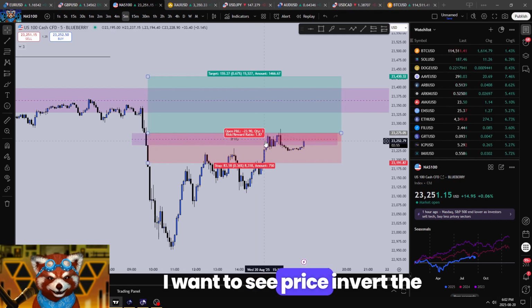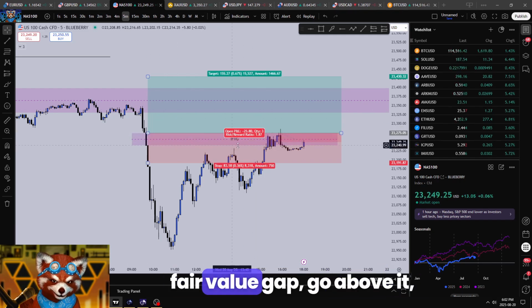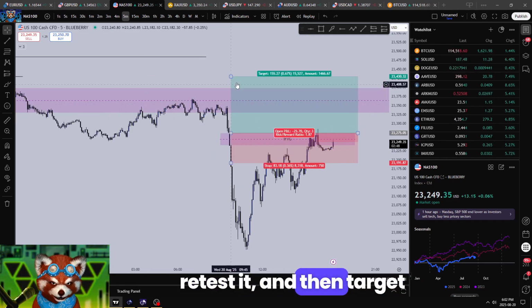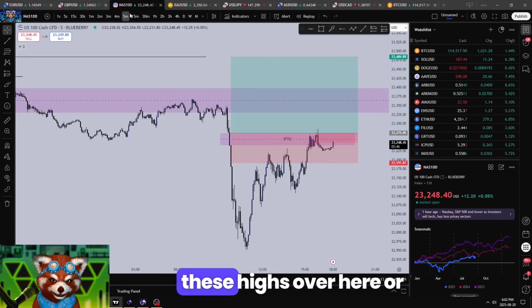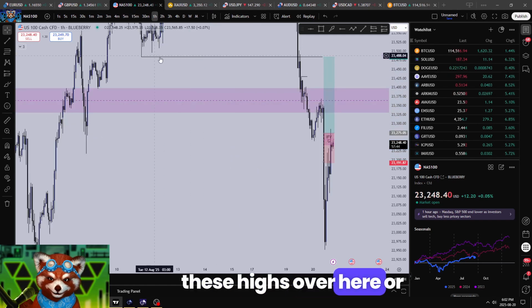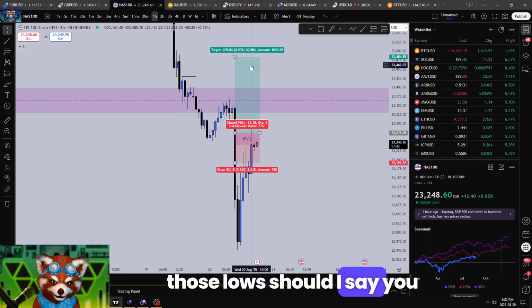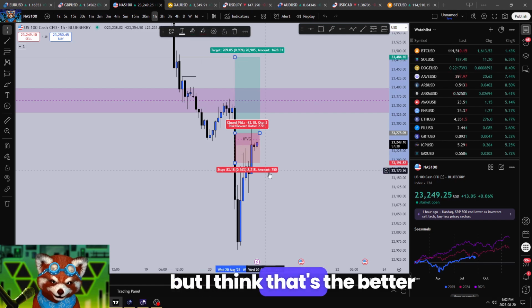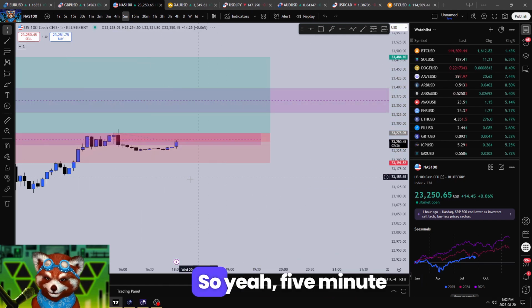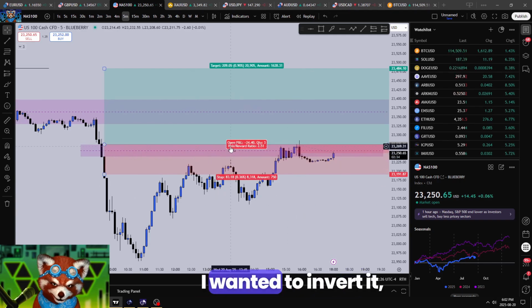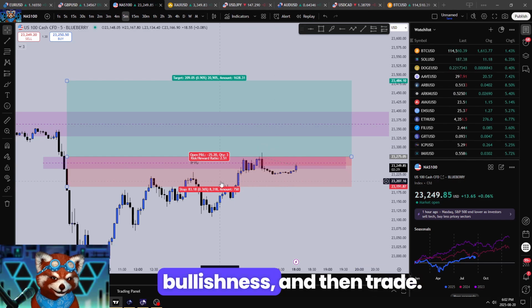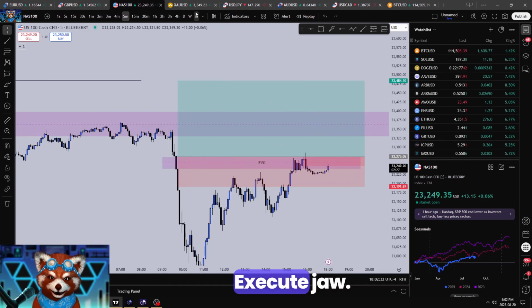I want to see price invert the fair value gap, go above it, retest it, and then target these lows over here. You can also target these first, but I think that's the better option. So yeah, 5-minute fair value gap. I wanted to invert it, close above it, show some bullishness, and then trade execute.